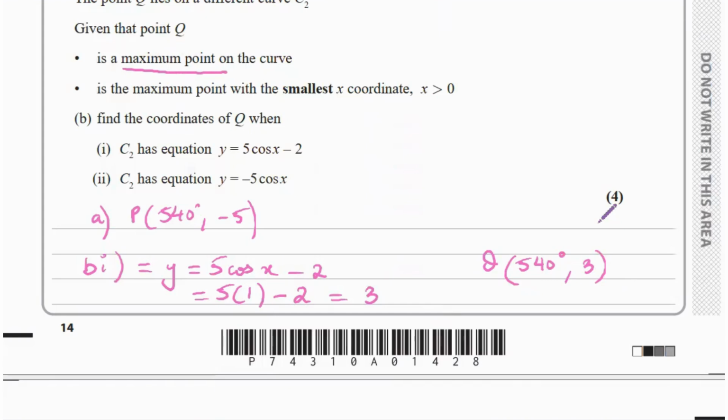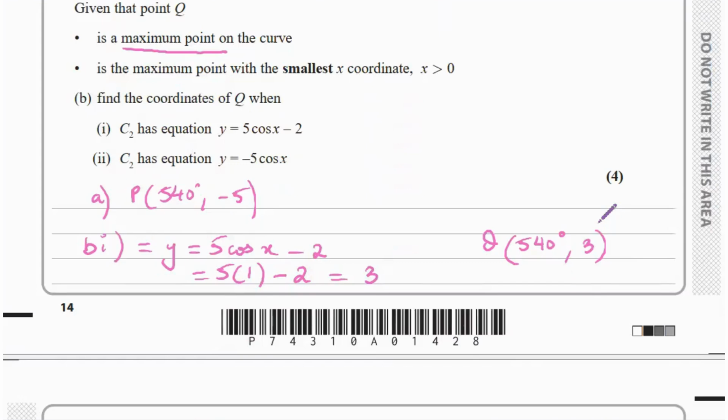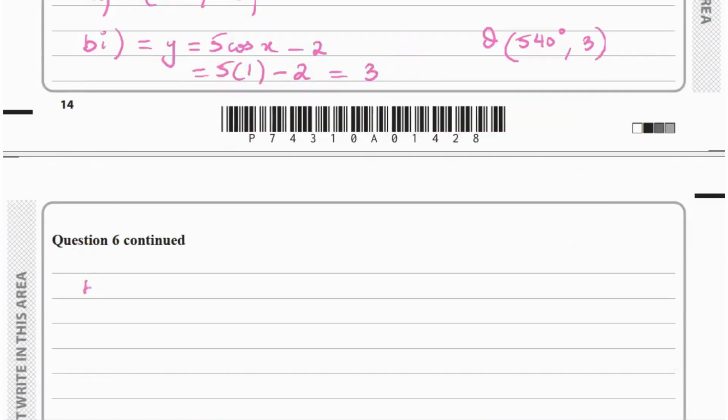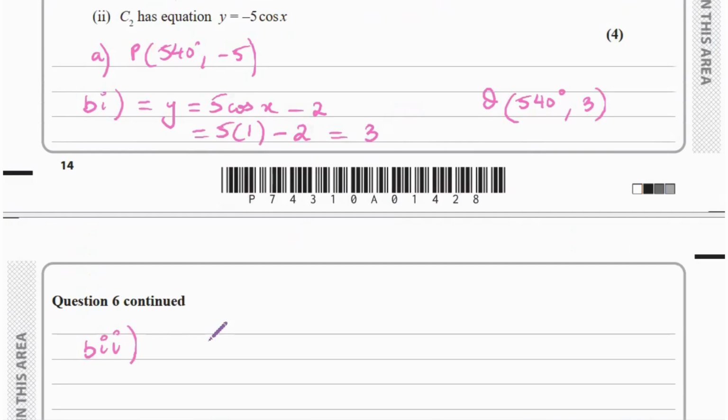Then it says C2 has equation y equals -5 cos x. Now, we're reflecting 5 cos x in the x-axis because the y value is becoming negative. So for B2, your original value for P, which is -5, becomes +5. So y equals -5 times cos x.